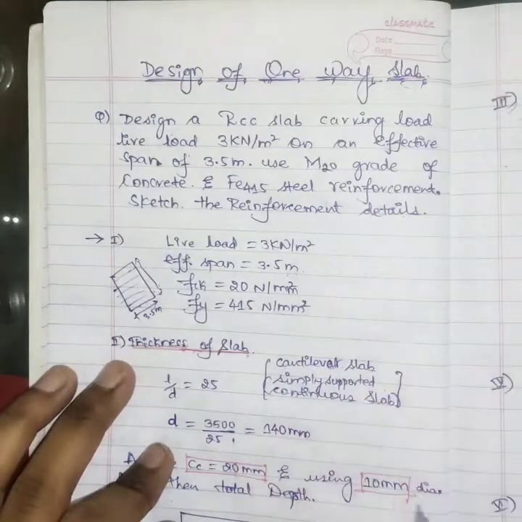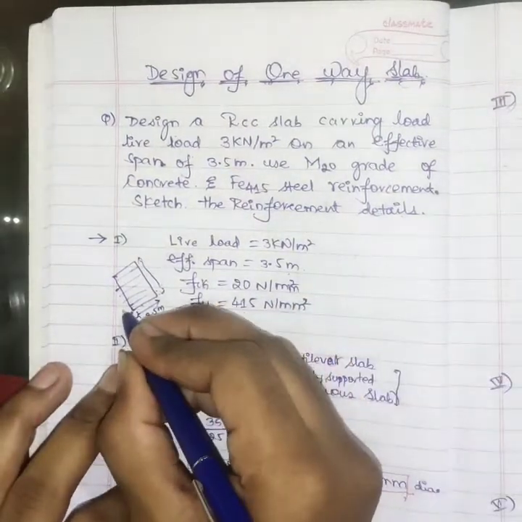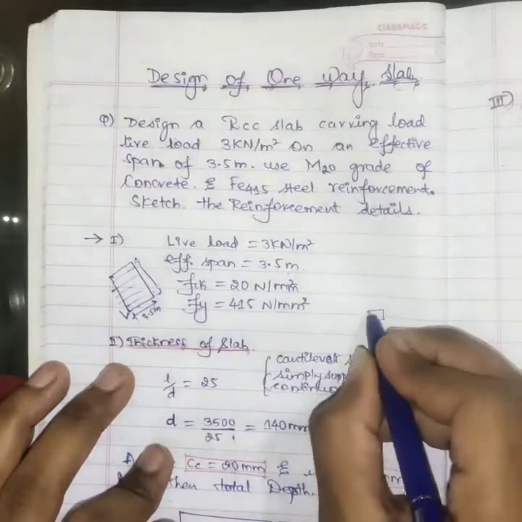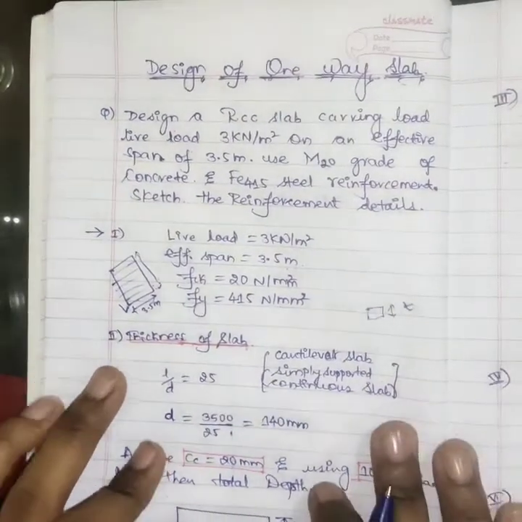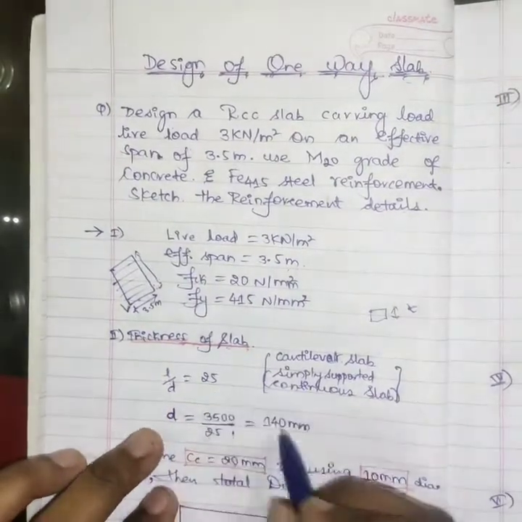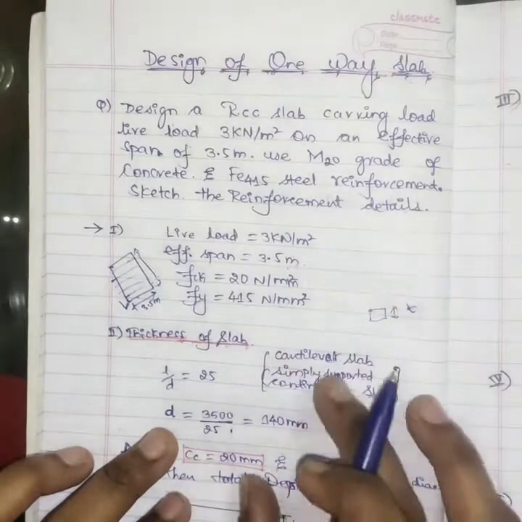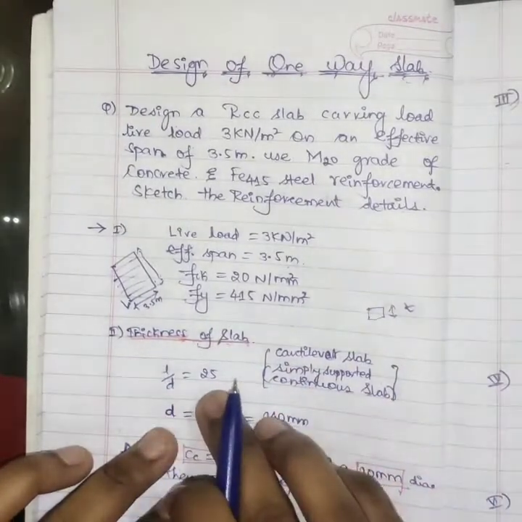First of all, we have to determine the thickness of the slab. We should check this one. The thickness of the slab is given by the L by d ratio equals 25. It is simply supported, so we are using an L by d ratio of 25.